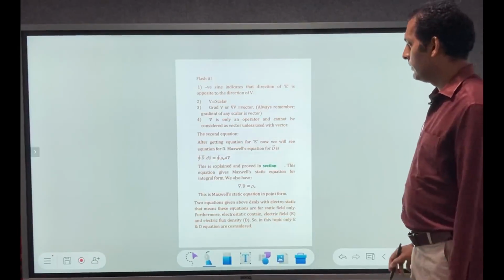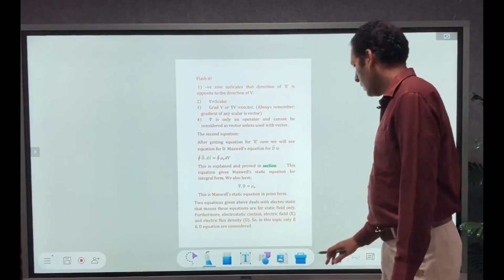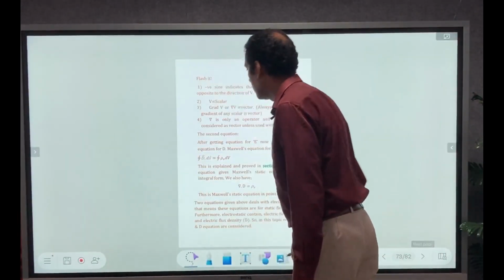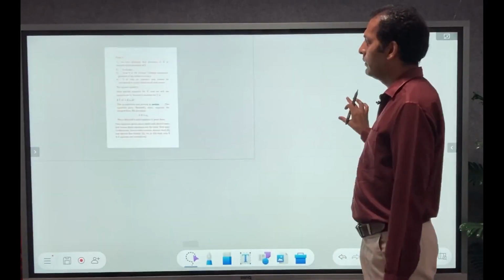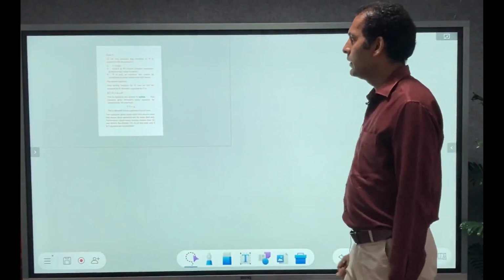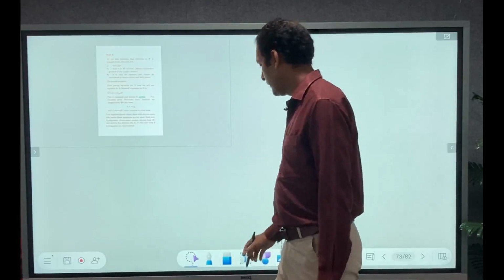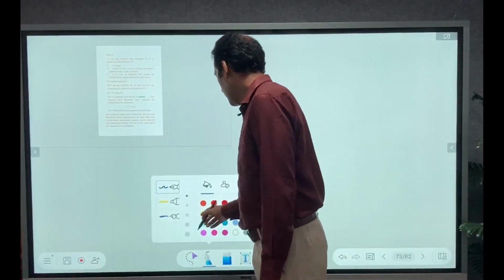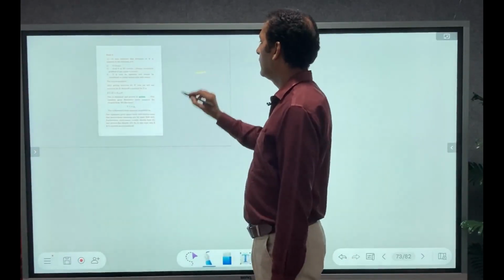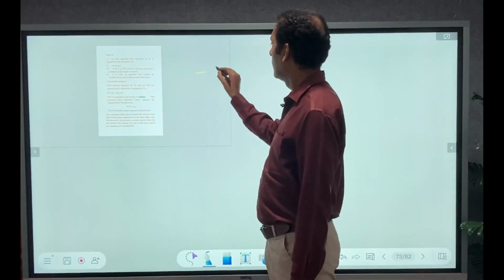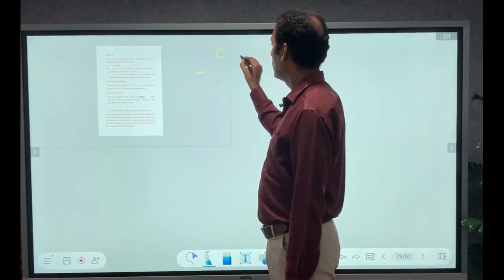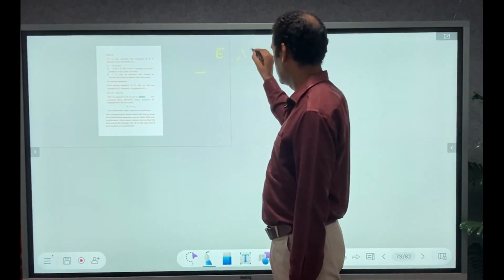Then what we have to remember from this topic, we will discuss the important points. First thing, the negative sign in our expression indicates that electric field intensity is opposite to that of voltage.